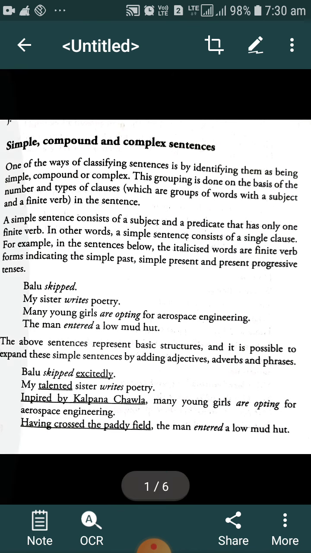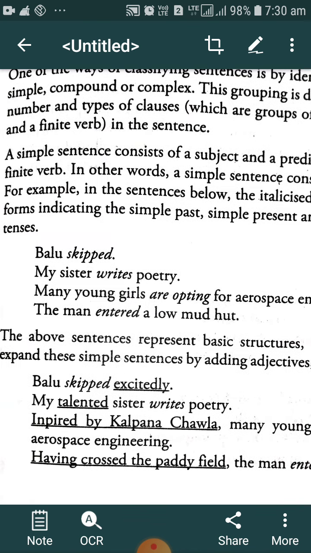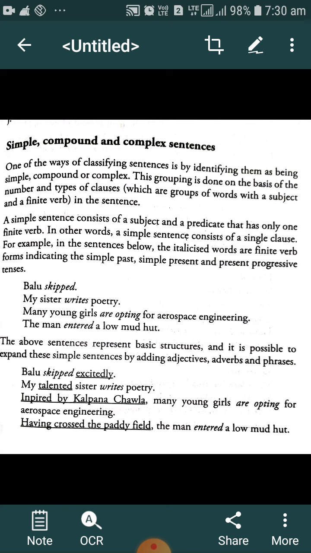So there are some examples given there. First of all, one thing is most important. We have to discuss three types of sentences here: simple, compound, and complex. It is one way of classifying whether a particular sentence is simple, compound, or complex.